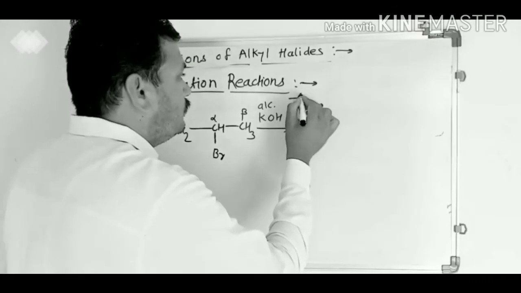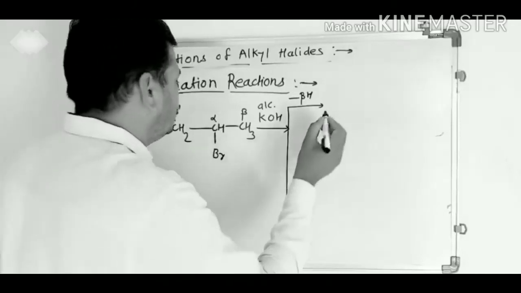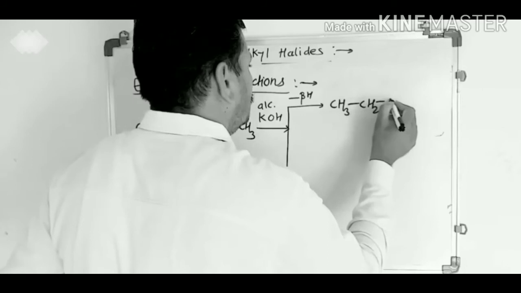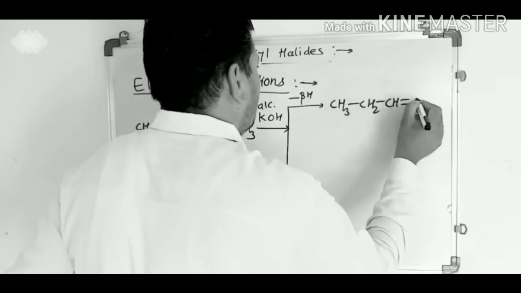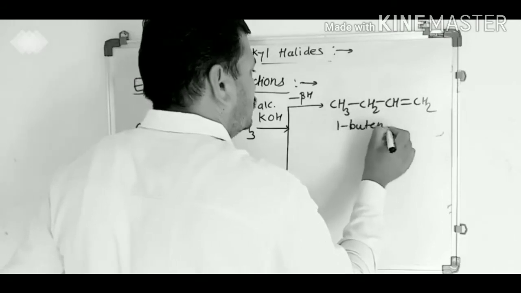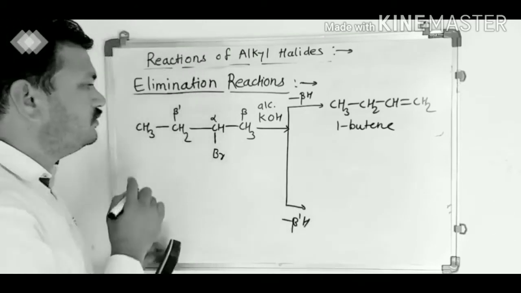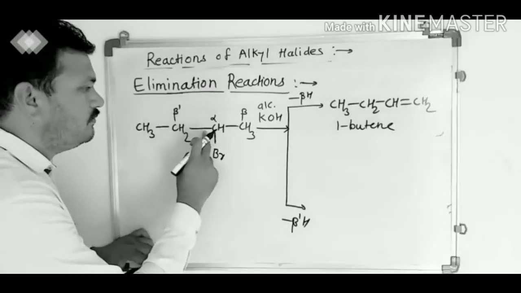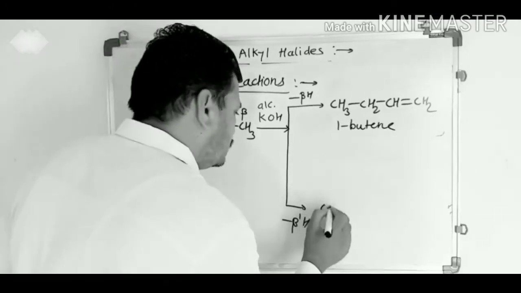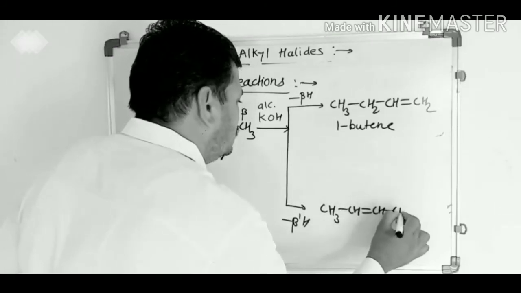When removal of beta hydrogen takes place, we get the product CH3 CH2 CH double bond CH2. It is 1-butene. And when removal of this beta dash hydrogen takes place, then formation of double bond in between these two carbon atoms, and we get the product CH3 CH double bond CH CH3.